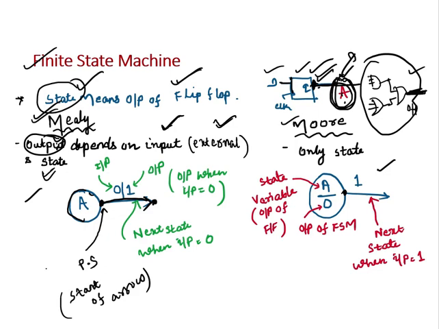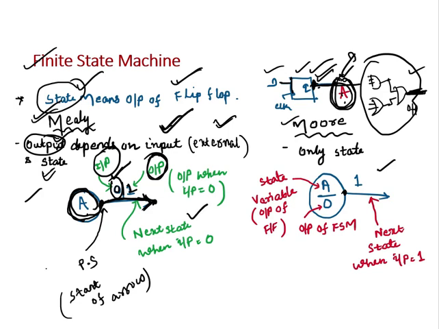And then if it is Mealy, something like 0/1 or 1/0 will be written. The left side is called input and the right side is called output. What does this arrow mark mean? It means when your FSM is in state A, that is the present state, and input 0 comes, then it will move to the next state.